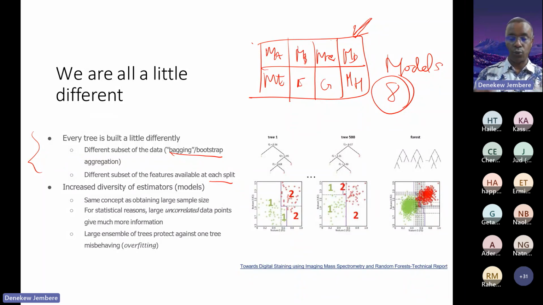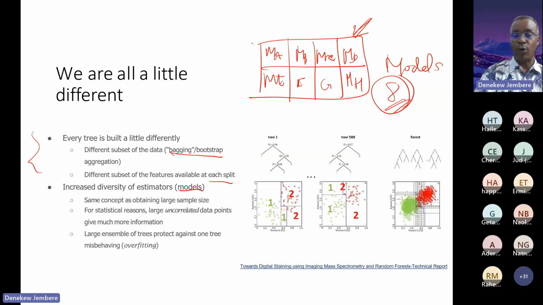That enables us to minimize the overfitting on two counts. One, you take a subset of the data set. Second, you take a subset of the features. So that makes our model minimize overfitting.